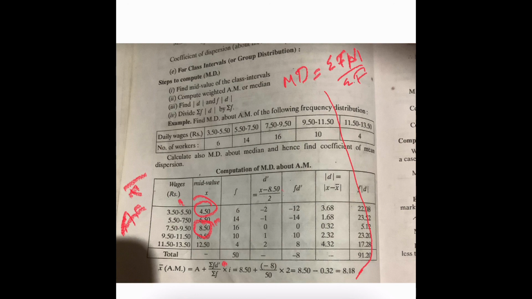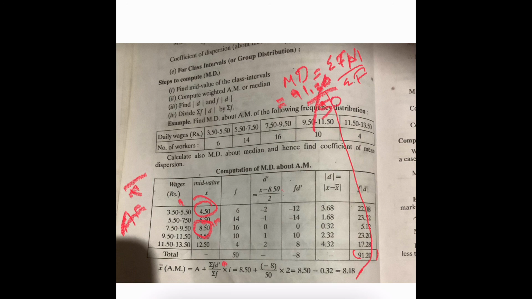Summation of f |d| is how much? 91.20, you can see here. 91.20 divided by summation of f, which is 50.